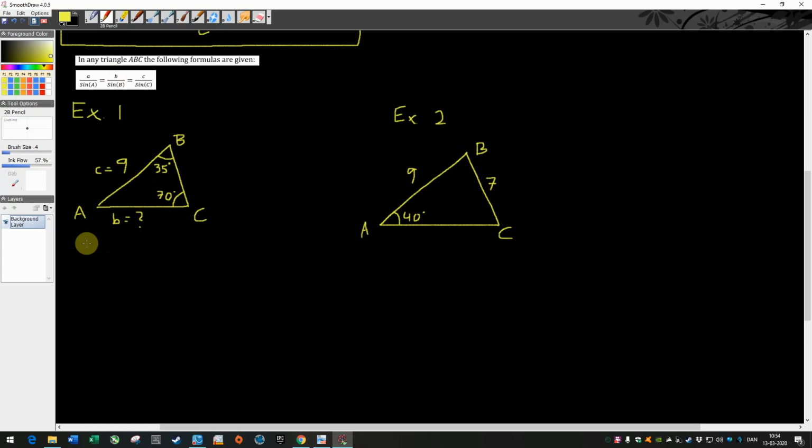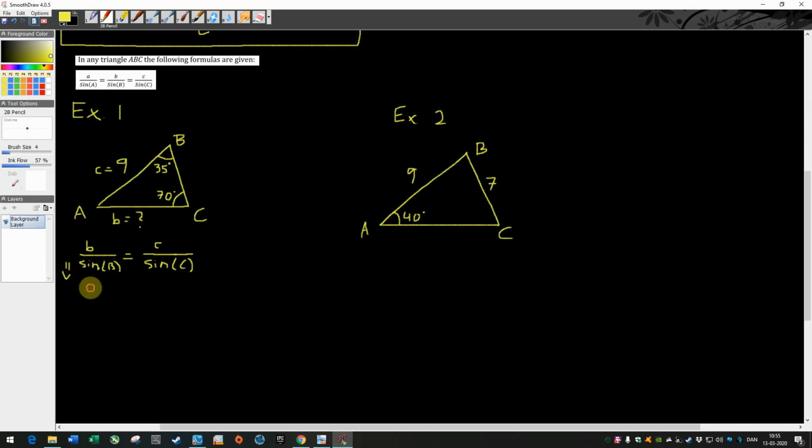At first we write up the formula we are going to use. So small b divided by sine of B is equal to small c divided by sine of the angle capital C. Now we just insert the values.